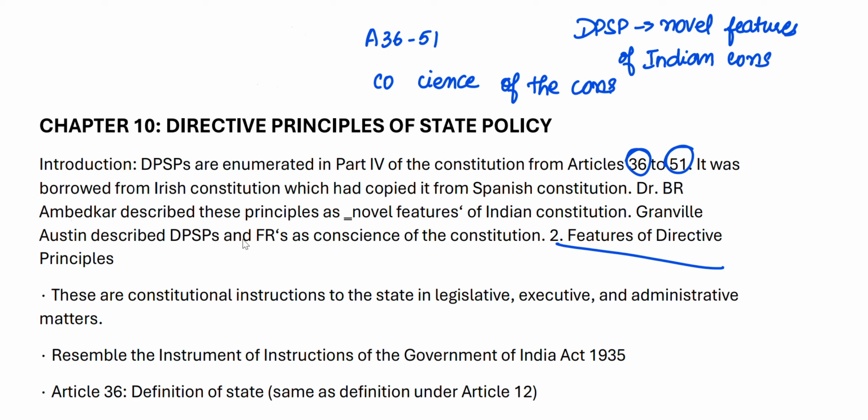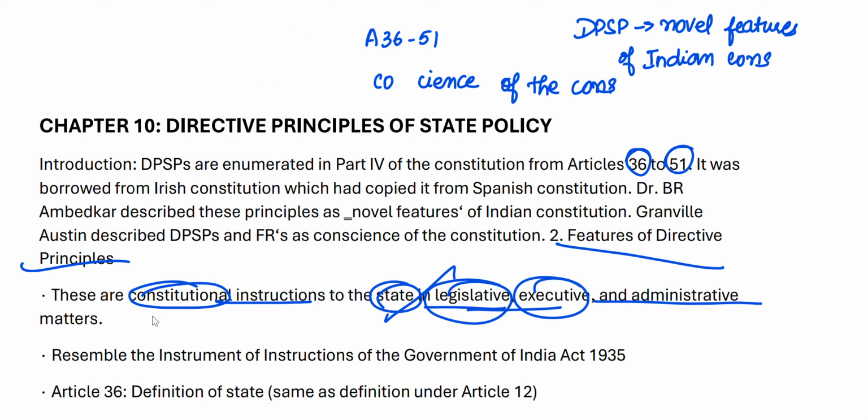The features of the directive principles are that these are constitutional instructions to the state. These are instructions to the state in legislative, executive and administrative matters.